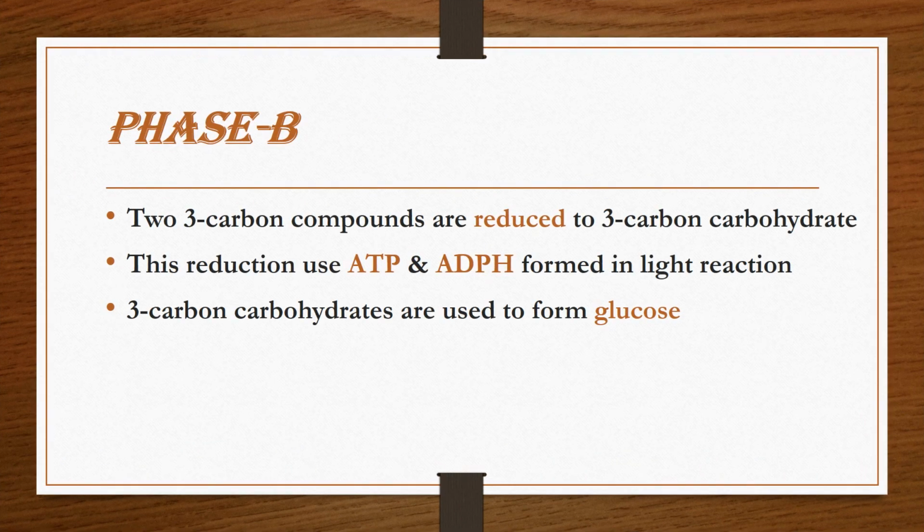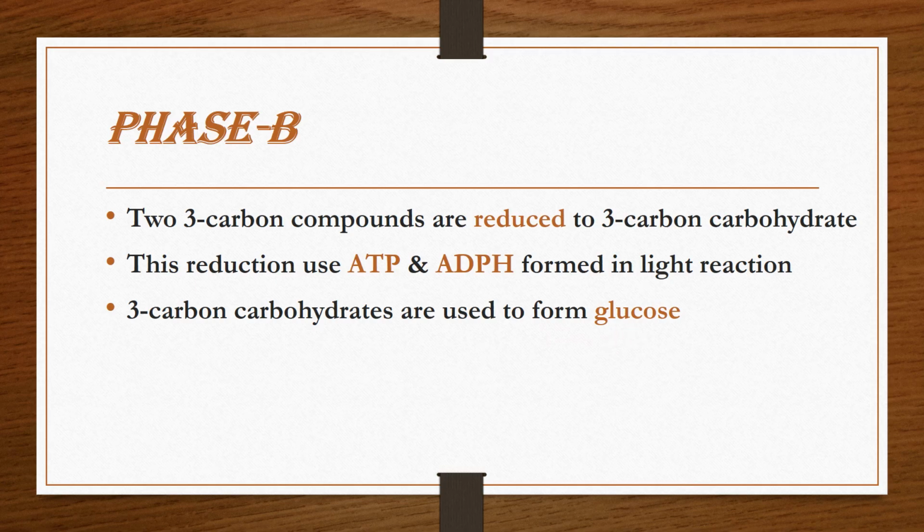What happens in phase 2? Two three carbon compounds are reduced to three carbon carbohydrates. This reduction uses the ATP and NADPH formed in the light reaction. Three carbon carbohydrates are used to form glucose.